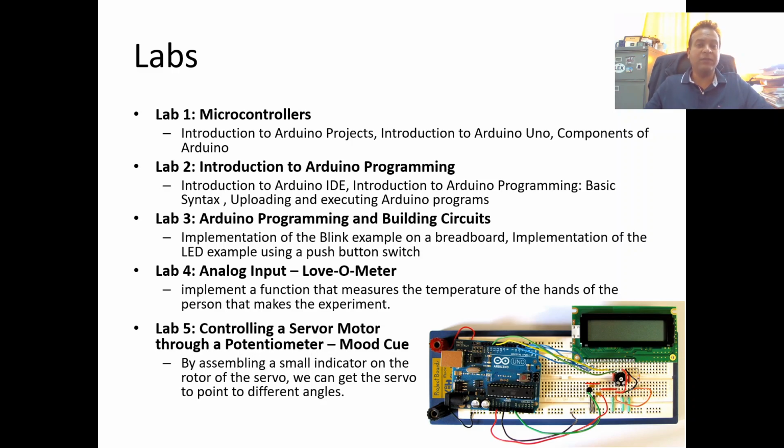There are progressive labs that have already been designed, for example, how to program an Arduino board. We'll be using Arduino programming, the Arduino IDE. You will be introduced to the Arduino IDE, and you will start writing your own Arduino programs. The very simple program that we'll start with is writing a program to switch on an LED, switch off an LED, and do a pattern of LED blinking.